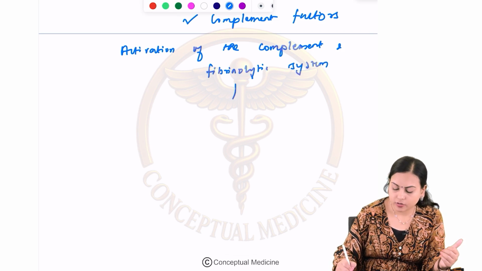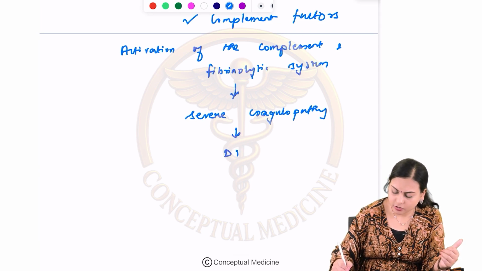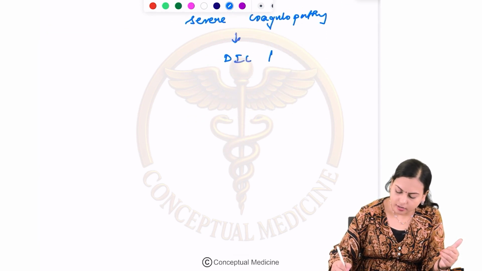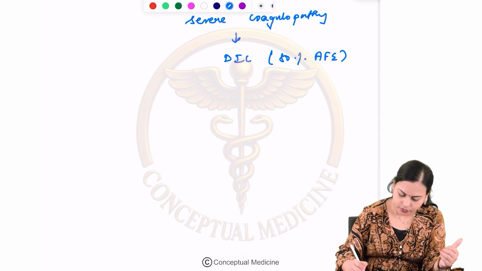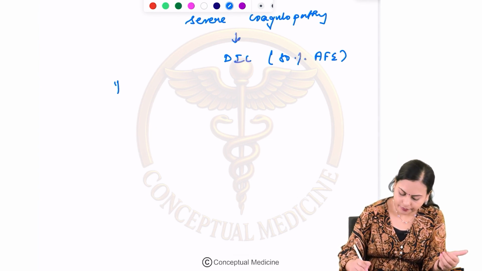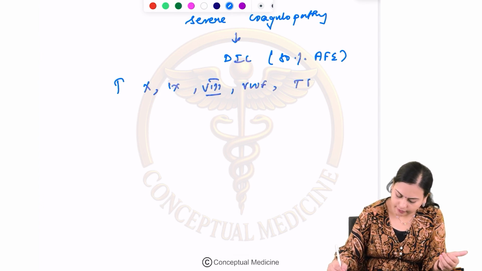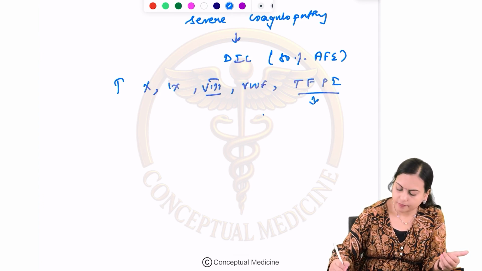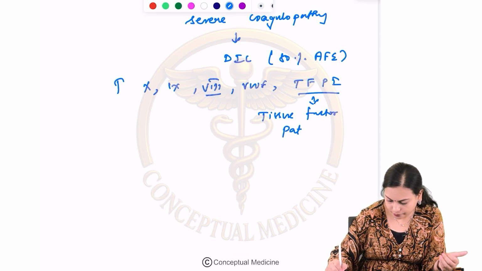So this is going to cause a state of severe coagulopathy that will result in disseminated intravascular coagulation. Mostly 80% of amniotic fluid embolism will proceed in this way. You also have to understand that there is an increase in factors like factor 10, 9, 8, von Willebrand factor, then TFPI also, the tissue factor pathway inhibitor.